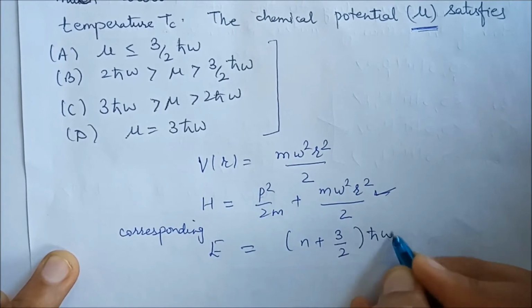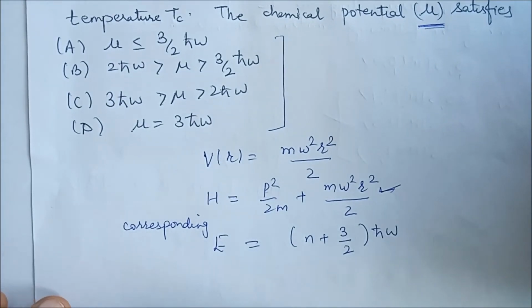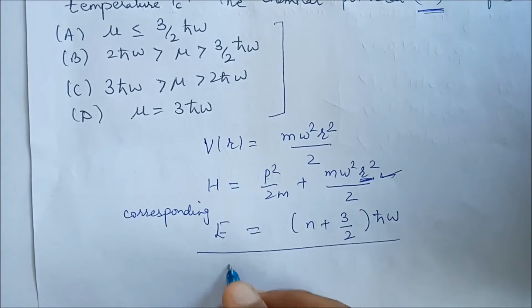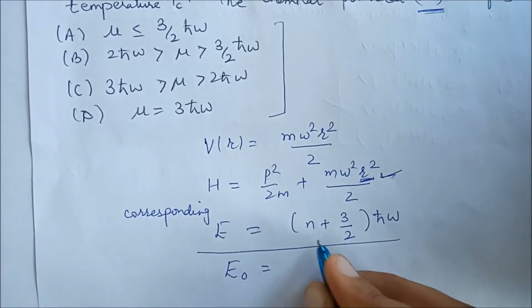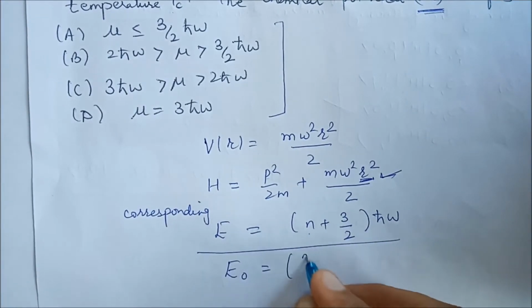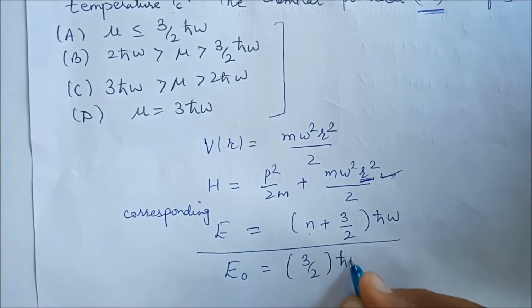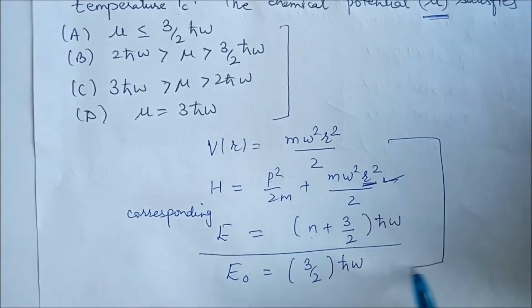So this is given by E is equal to (n plus 3 by 2) h bar omega, and the ground state energy is given by putting n equal to 0. So this is the ground state energy corresponding to this potential.